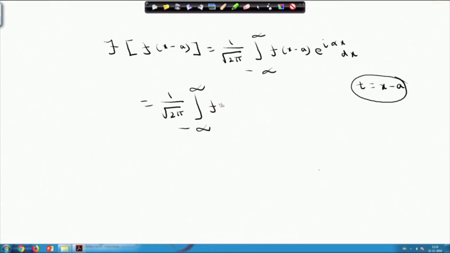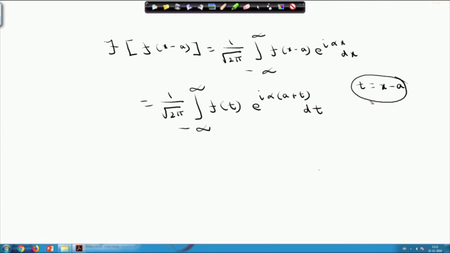f of x minus a will become f of t then. Here it is e power I into alpha into x, and x is nothing but a plus t, and dx will be replaced by dt, since dt equals dx.